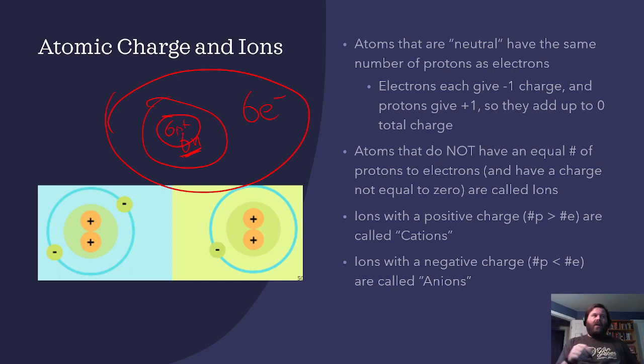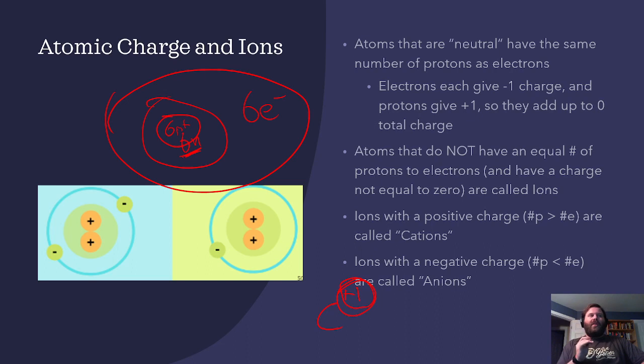Okay, but they don't have to be equal. Okay, so if I had carbon, so if I were to write it like this, carbon +1, okay, that means it's an ion now because it does not have an equal amount of protons and electrons. And this +1 means that it has a total positive charge of 1.